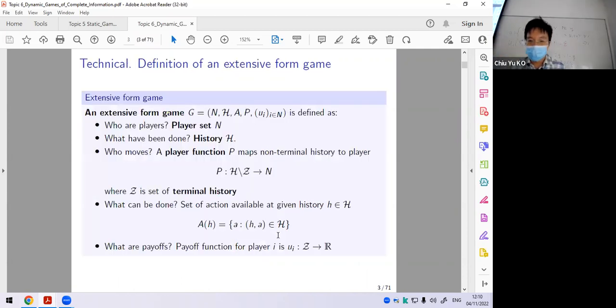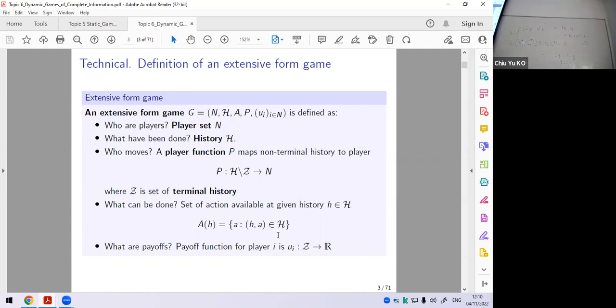So that's why, when we define formally the extensive form game, it is very complicated. If you look at Rennie or any textbook, it's very complicated. I will take the version that is least complicated. But don't worry. I never see any paper actually formally define it.